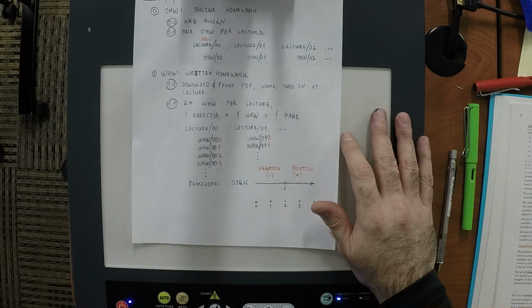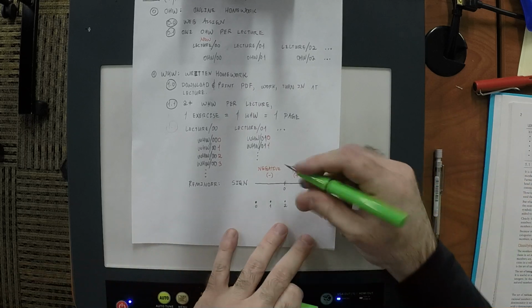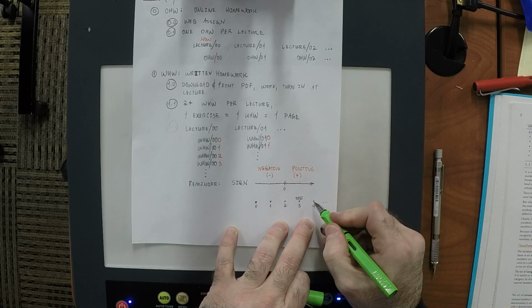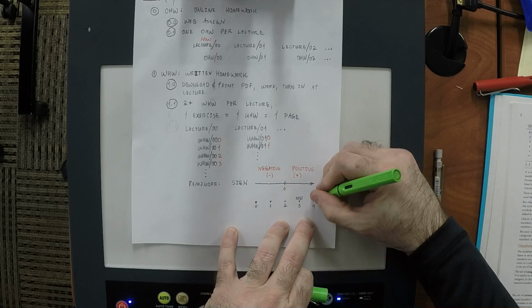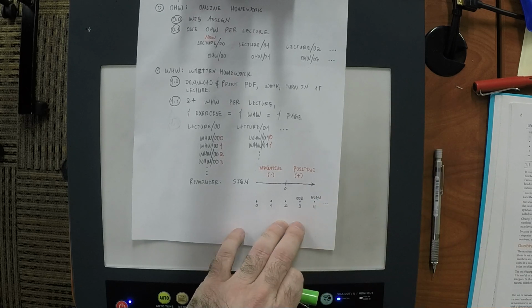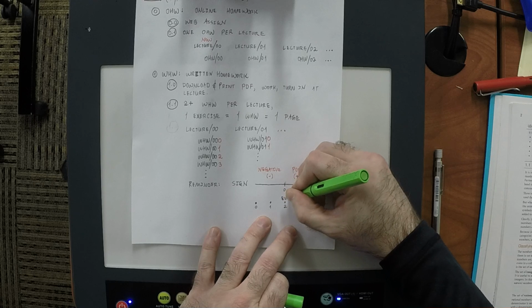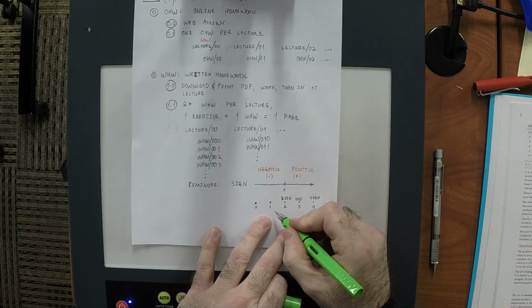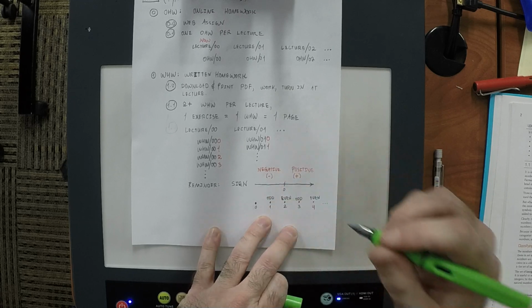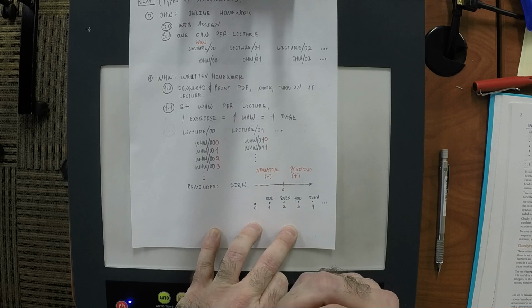How about 3, even or odd? Odd. How about 4? Even. This is not new information for you. 2, even. 1, odd. How about 0? It's even.